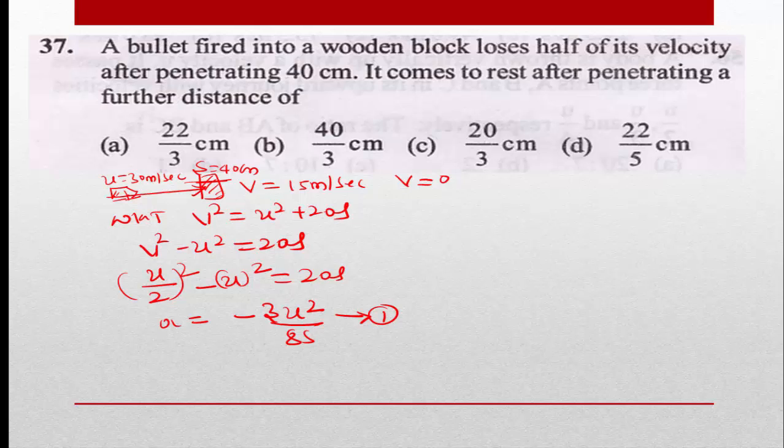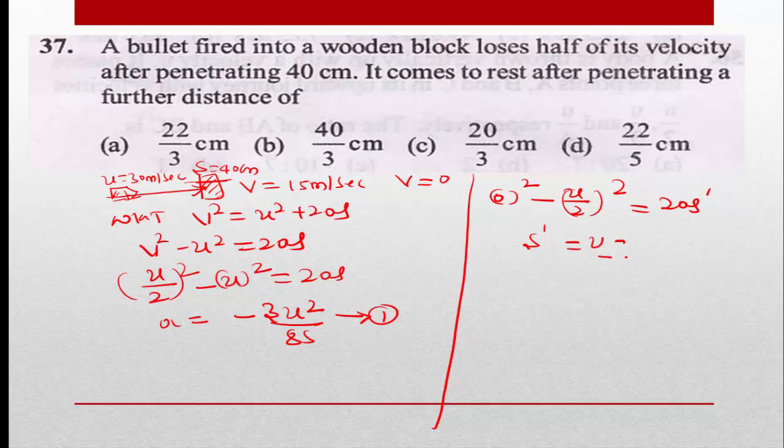For the later part of the penetration, it comes to rest. That is, final velocity is 0 minus initial velocity, that is u divided by 2 whole square. U divided by 2 whole square is equal to 2a into s dash, or s dash is equal to u square divided by 8a.